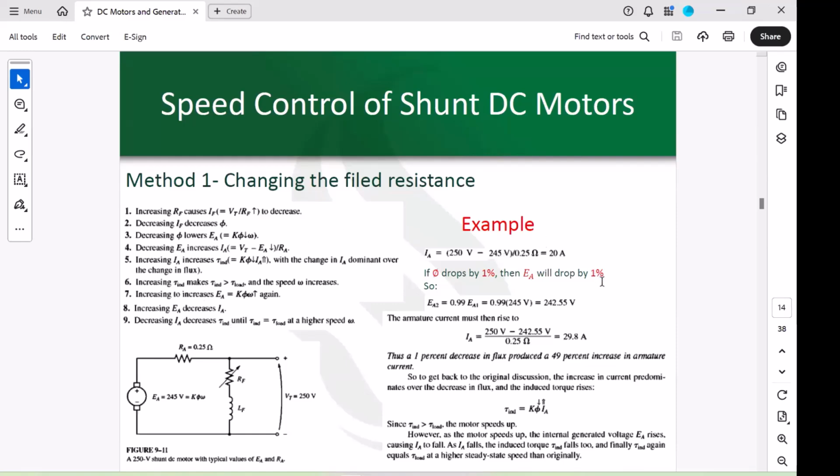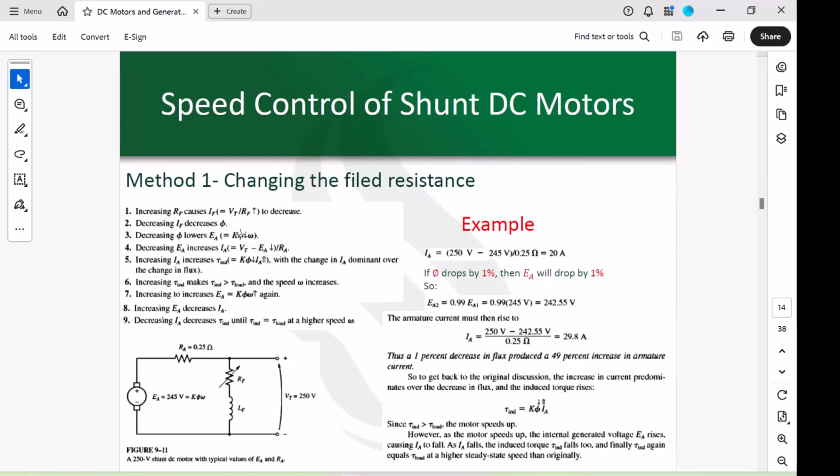So, for example, if IA is this value, 2 amps, which is coming from 250, the terminal voltage, minus 245, which is coming from the EA, divided by RA. If phi is dropping by 1%, EA will drop by 1%, right?